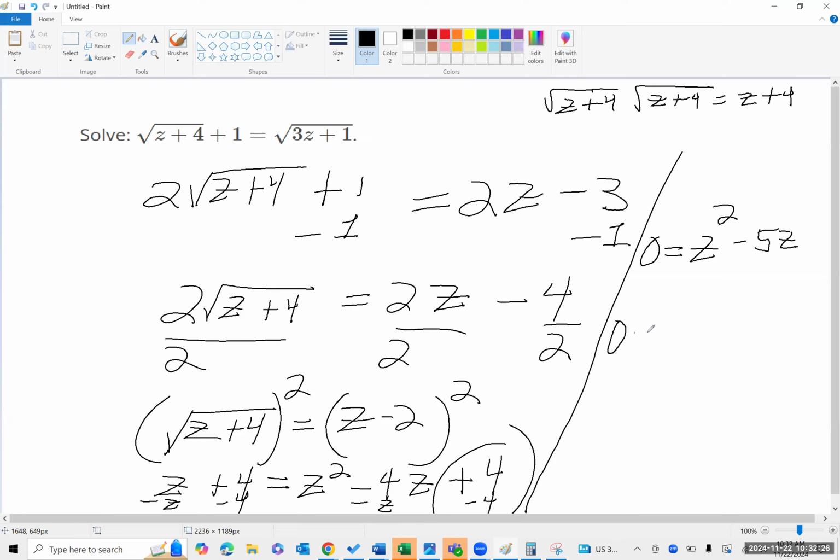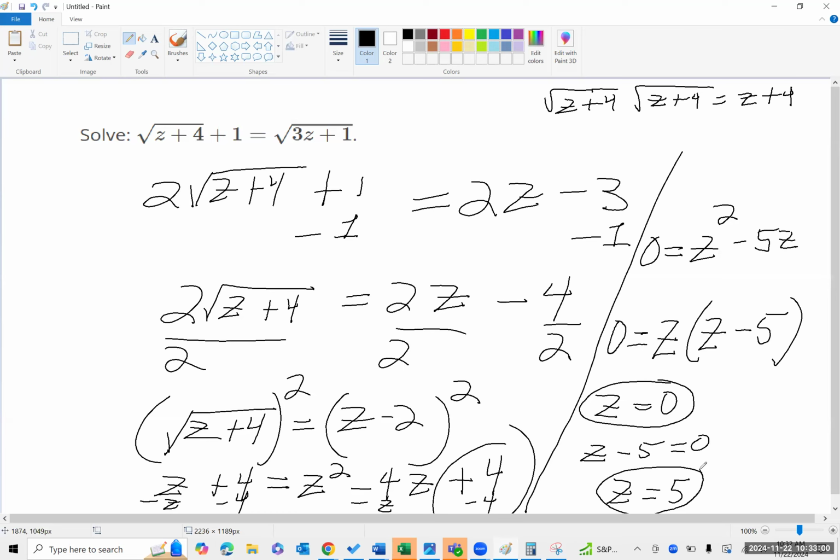Assuming I haven't made any major mistakes or minor ones, I'm going to factor out a z over here. And then set each piece equal to 0. There's nothing else to do here. So I have a potential candidate for a solution, 0. And my other one is 5.